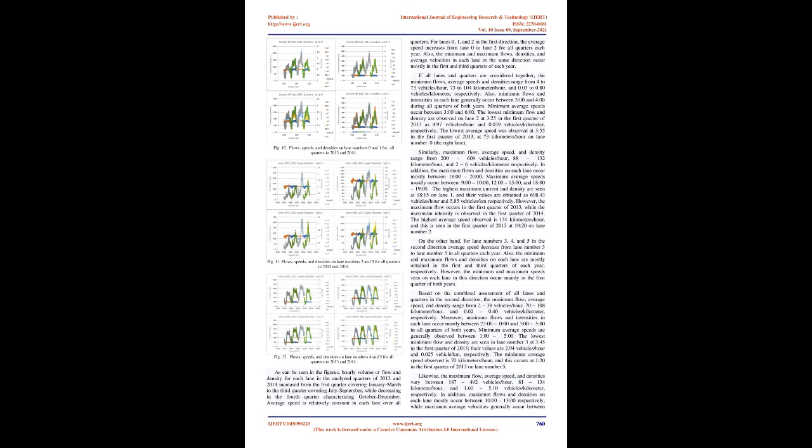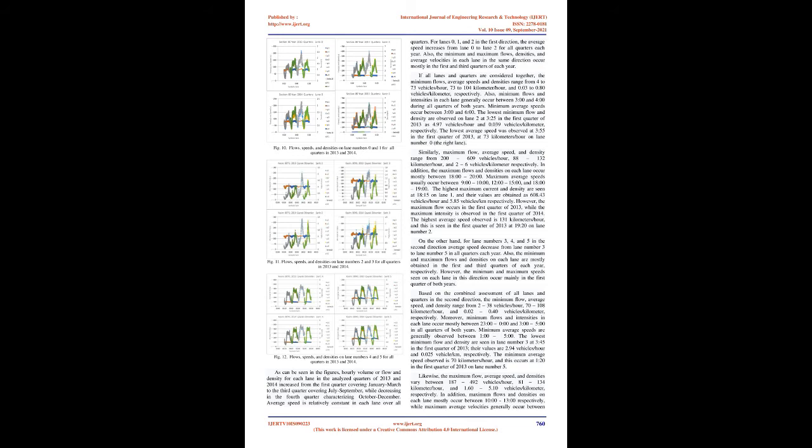When the traffic flow changes in all seasons and lanes in both years are examined together, it is seen that the minimum flow, average speed, and densities vary between 2-45 vehicles/hour, 70-106 km/h, and 0.02-0.50 vehicles/kilometer, respectively.